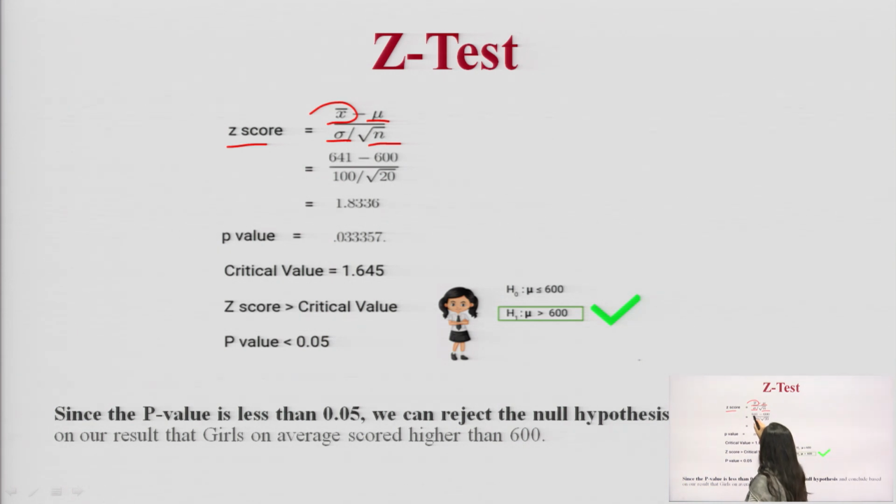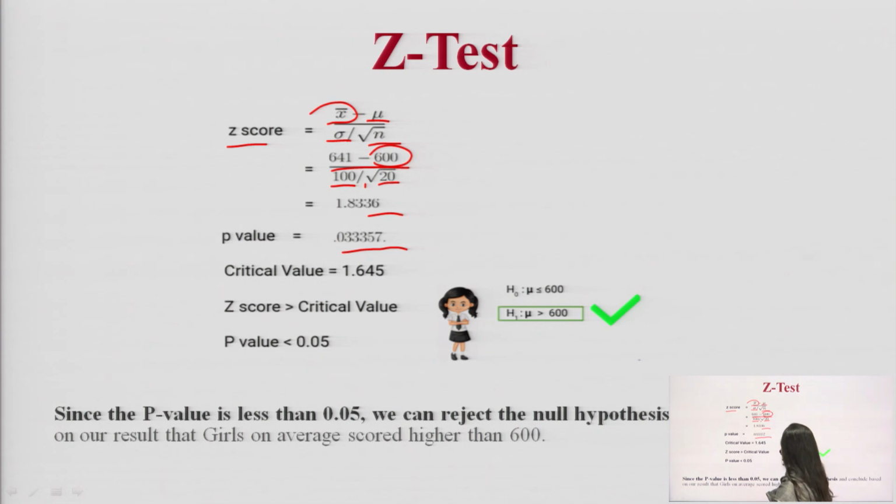So 641 is the mean, you subtract the population mean of 600, and divide by the standard deviation, which is 100, divided by the square root of 20. And 20 is the number of observations.